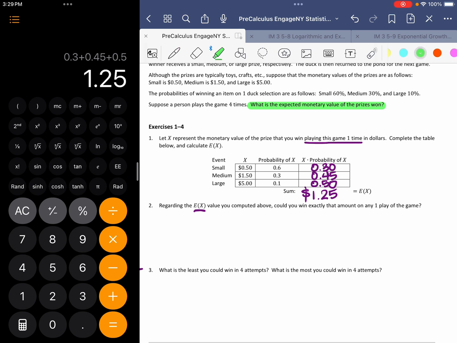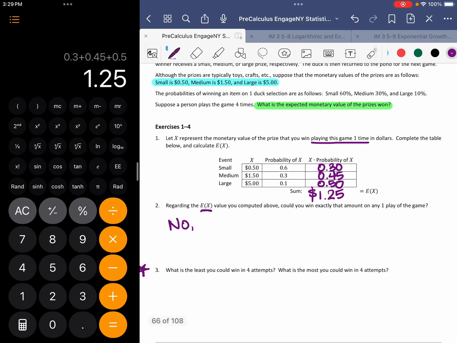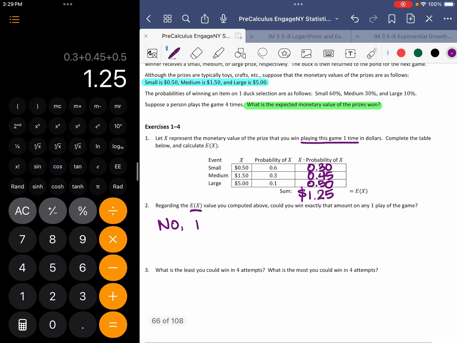And the answer is no. When I look back up here, there are only 3 prizes, and none of those prizes give us $1.25. So no, the expected value is $1.25, which is not one of our 3 outcomes.